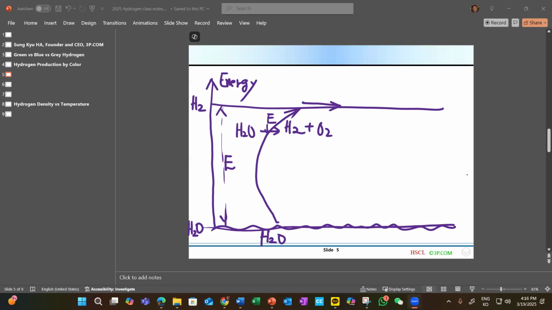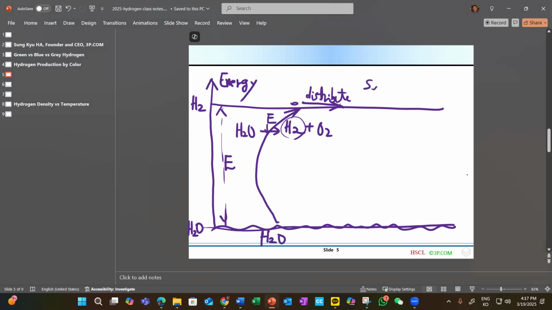Okay, so the H2 energy level got much higher with this added energy, and we generate H2 plus O2. Now this H2 can be distributed, or we can imagine that we distribute from position A to position B, and you need a method.